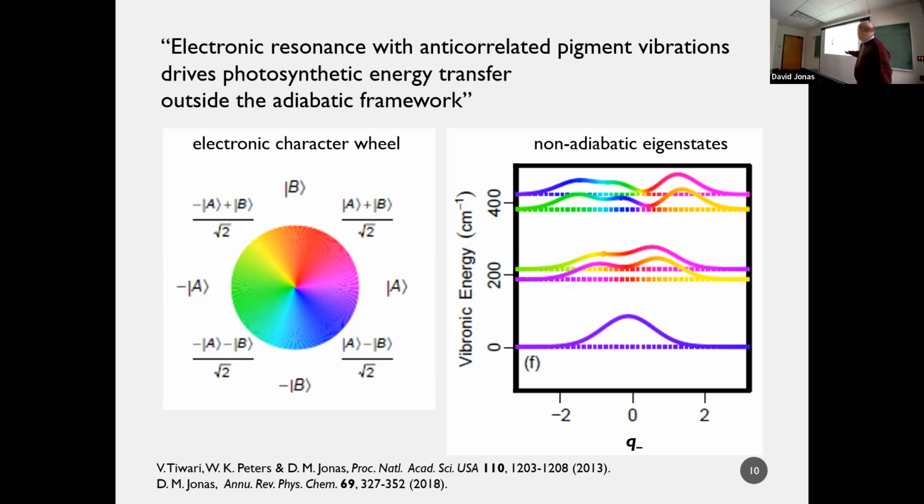That's telling me by color. And I'm going to use that, look at that color at every position along the exact non-adiabatic eigenfunctions. And so this lowest v equals 0 state, well, it's basically just on the acceptor, right? Nothing to it. This is the vibrational coordinate, the crucial one.